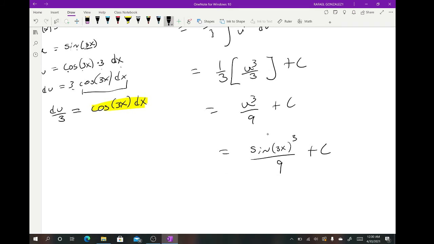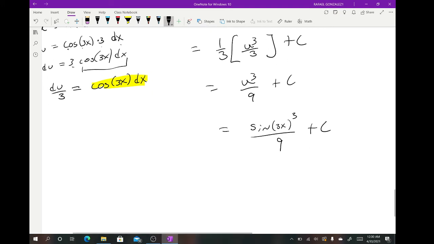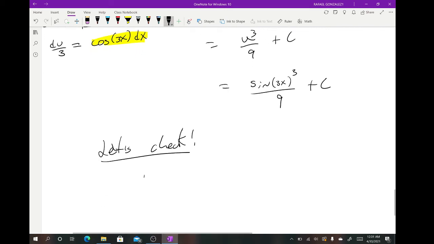If you take the derivative, the 3 is going to come down. And then you're going to have to worry a little bit about using the chain rule again. So if you want to check, we will take the derivative with respect to x of sine of 3x cubed over 9.